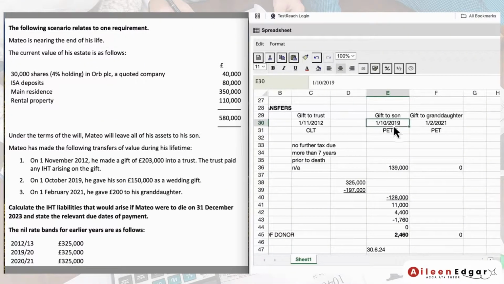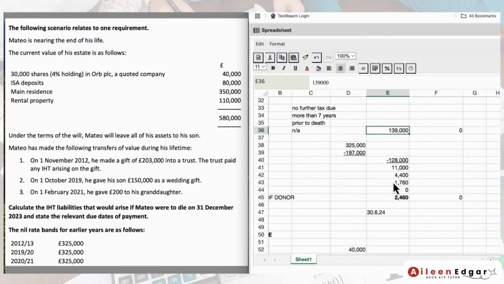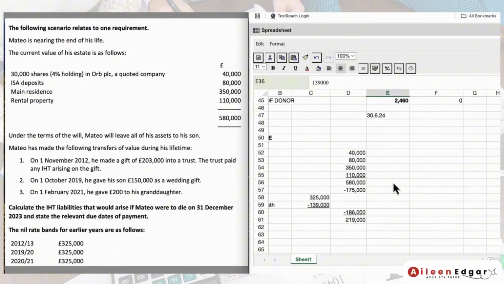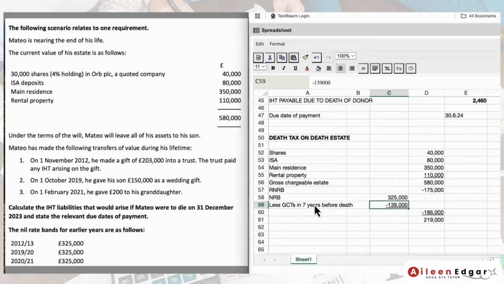It was the gift to the son and the gift to the granddaughter. Is there anything there that would eat away at the nil rate band? Yes. And we're picking up the 139,000 figure. We're not taking 128, the amount of the nil rate band that actually got used for that PET when we were recalculating it. We're using the gross chargeable transfer value of 139. That's what you take away from the nil rate band when you're looking at the death estate.